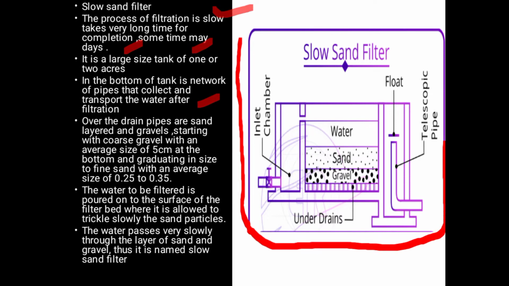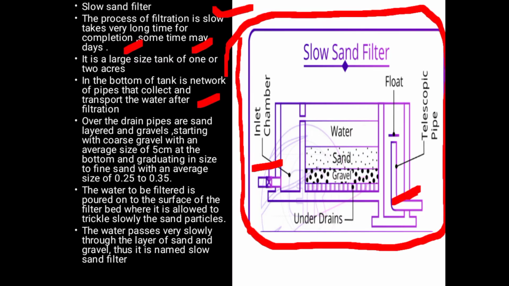Here I have drawn the structure of slow sand filter. It is large in size, actually 2 acres, and there is a network of pipes. The function of this network of pipes is to collect and transport the water after filtration.